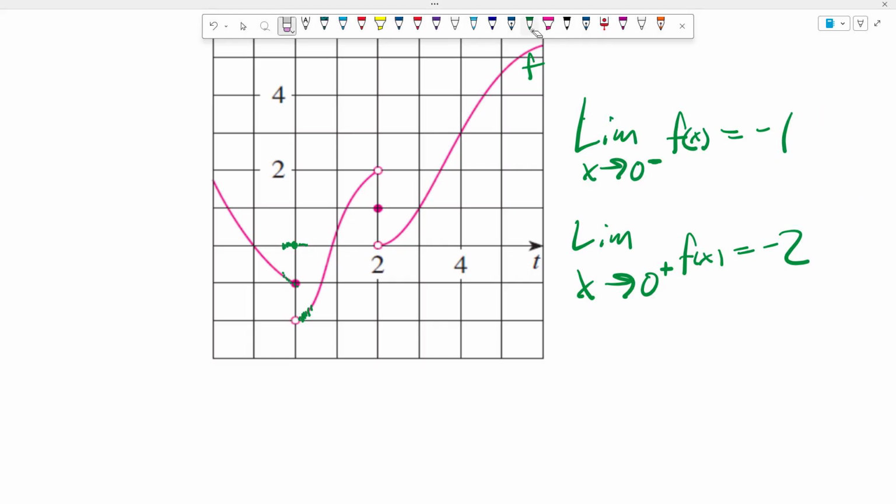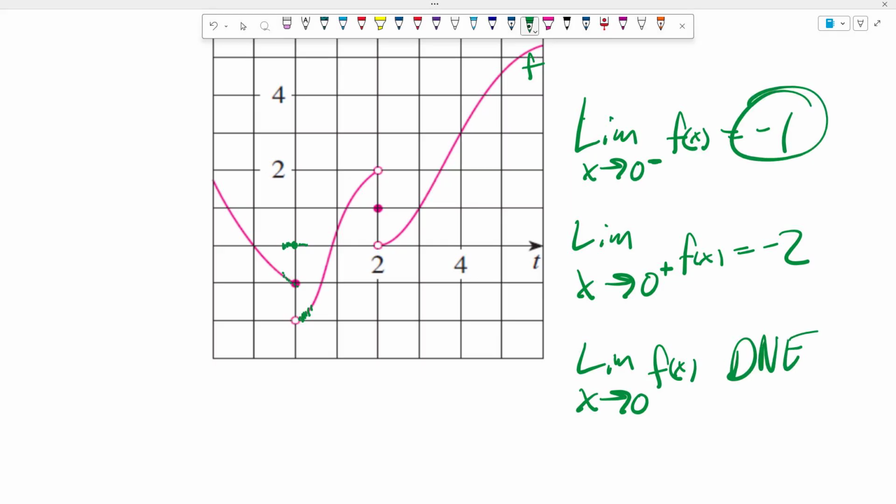Okay. And what is the limit as x approaches 0? Does not exist. Okay, why? Because the left-hand limit does not equal the right-hand limit. Okay. And what is f of 0? -1. Okay. Is it discontinuous at x equals 0?